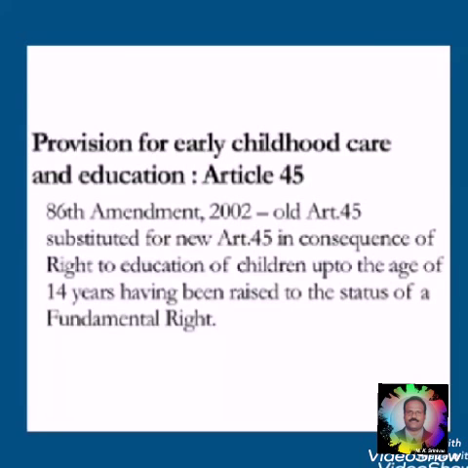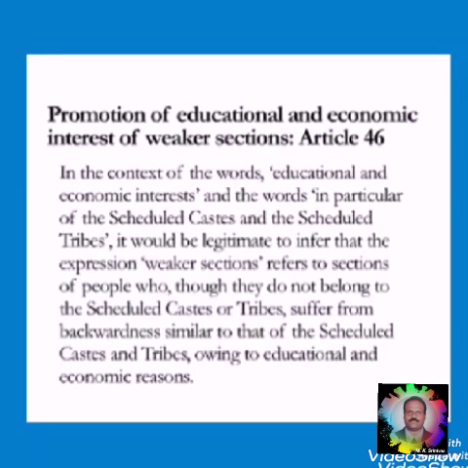By the 86th Amendment 2002, the old Article 45 was substituted by a new Article 45, in consequence of the right to education of children up to the age of 14 years having been raised to the status of a fundamental right. Notwithstanding the other provisions, it is expressly made enforceable by appropriate writs, orders and directions under Article 32.